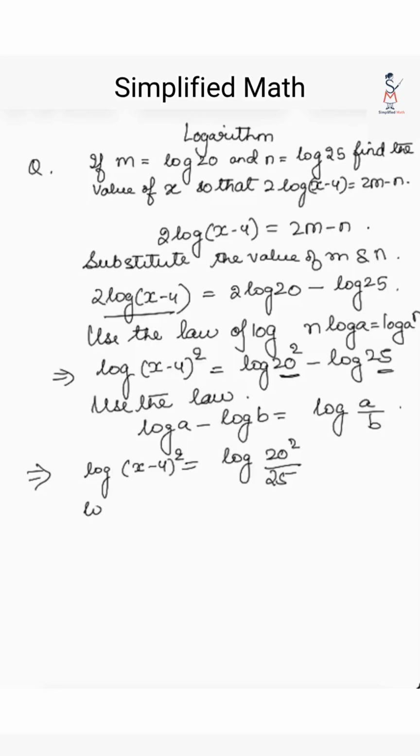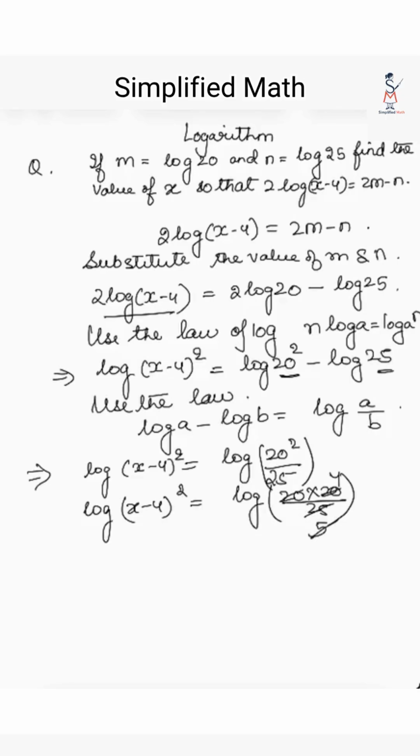So let's solve this. Put it in brackets: (x minus 4) whole square is log of 20 into 20 by 25. We can write it like this: this will be 5, this will be 4, this will be 4. So what have we derived from this? Log (x minus 4) whole square is log 16.